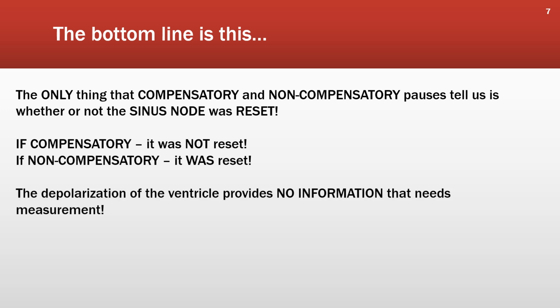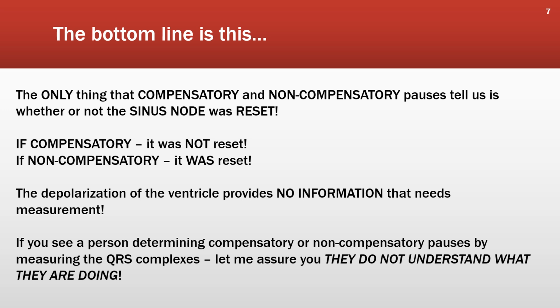The depolarization of the ventricles provides no information that needs measurement when determining whether a compensatory or non-compensatory pause is present. So if you see a person determining compensatory or non-compensatory pauses by measuring the QRS complexes, let me assure you they do not understand what they are doing.